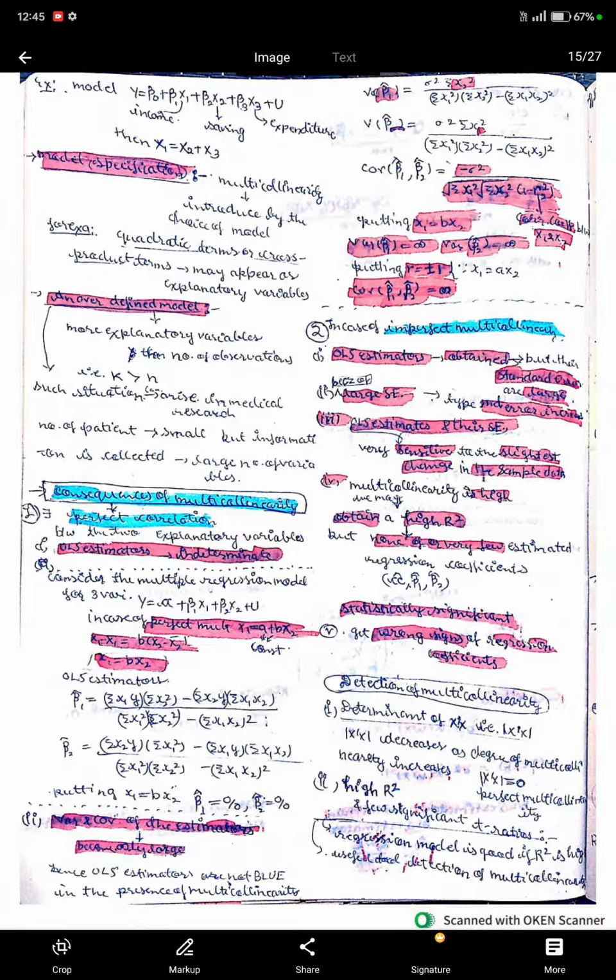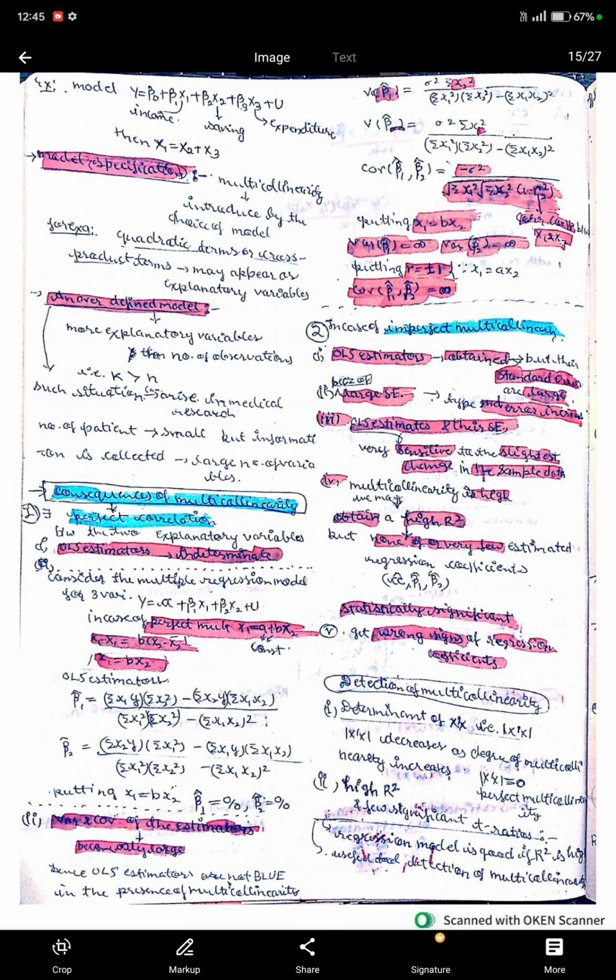Covariance of beta 1 cap, beta 2 cap is minus sigma square r12 divided by the square root of summation x1 square into the square root of summation x2 square into bracket 1 minus small r12 whole square, where small r12 is the correlation coefficient between x1 and x2.